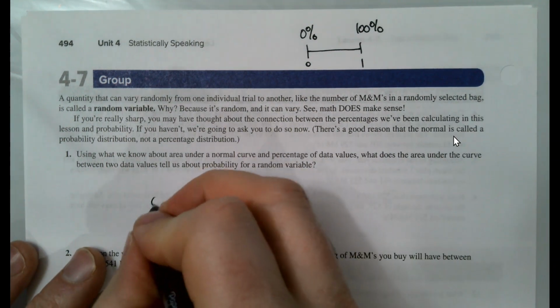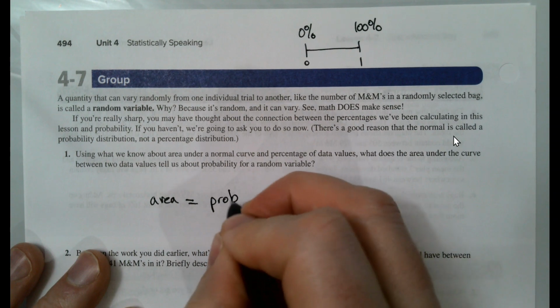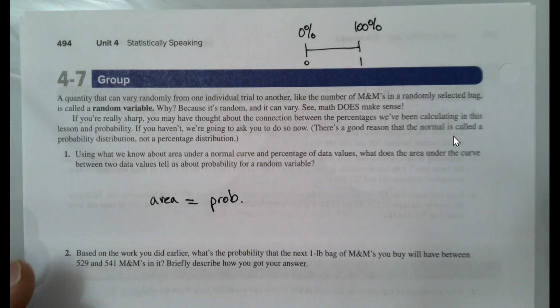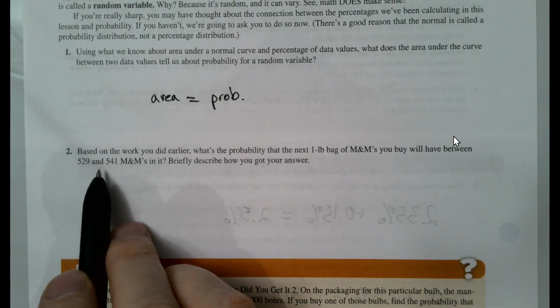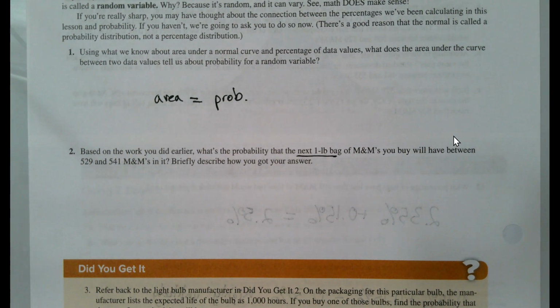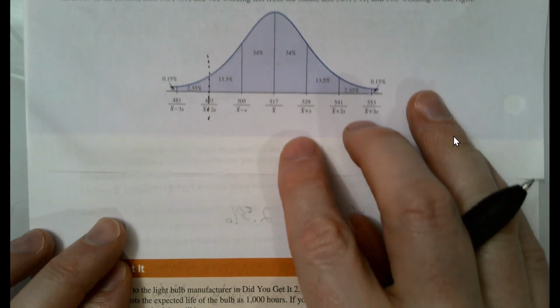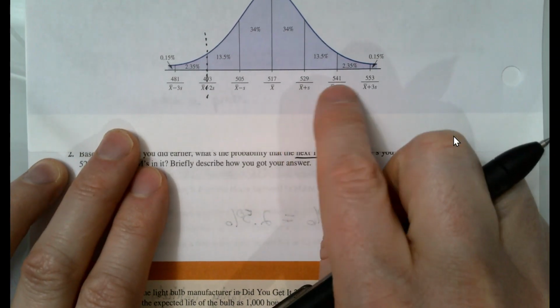So the area under the curve, key connection here, is equal to the probability. It's the probability of randomly selecting something with the same criteria as the given values. So for example, here we're like, hey, if we randomly select a 1 pound bag of M&Ms from some pot of bags of M&Ms, what is the probability we get one between 529 and 541 M&Ms in it?